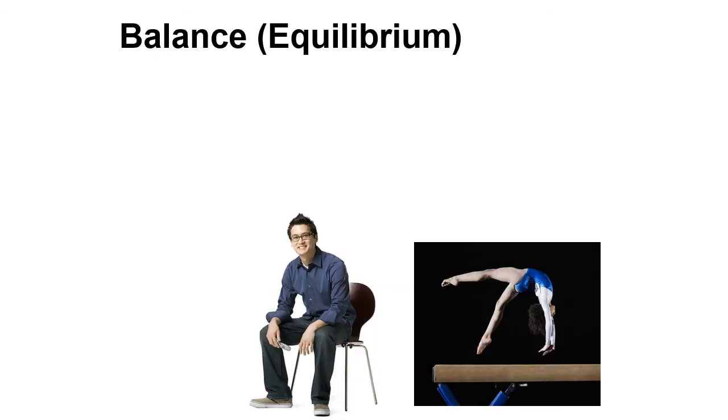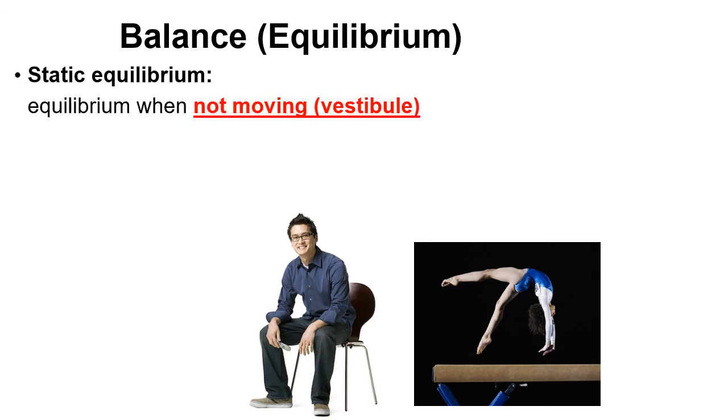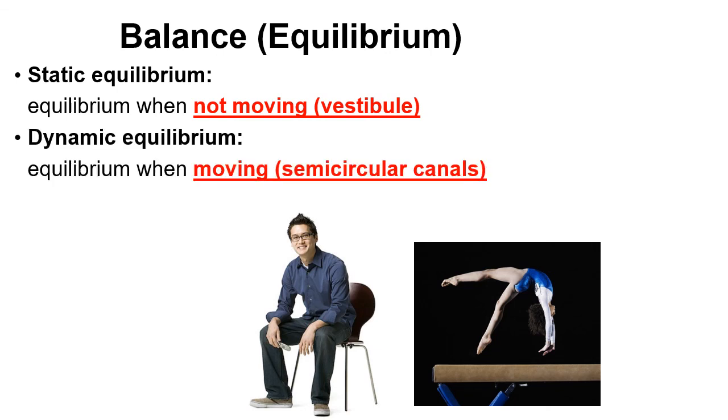So how is hearing and balance linked? Balance is the same as equilibrium. Because we have fluid in our ear, that also has to do with balance. Static equilibrium is equilibrium where you're not moving, and that is controlled by the structure called the vestibule in our ear. In this picture, this gentleman is sitting down, static, not moving. The second picture, dynamic equilibrium, is equilibrium when moving.